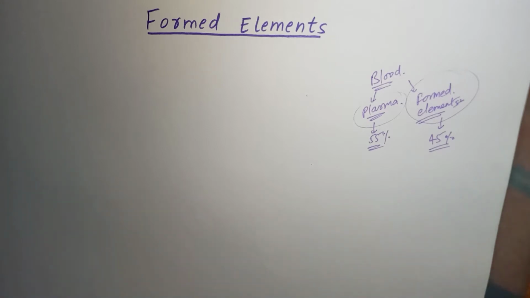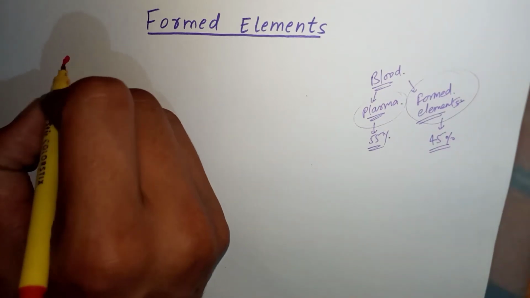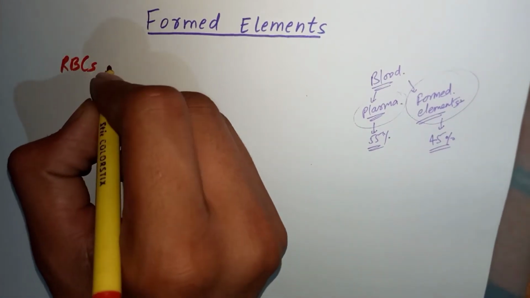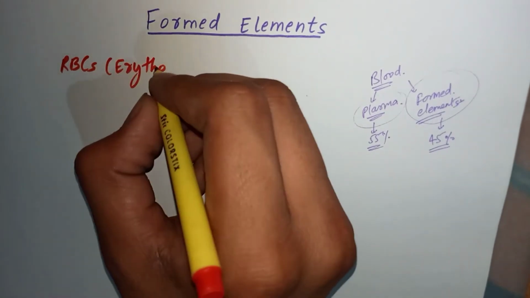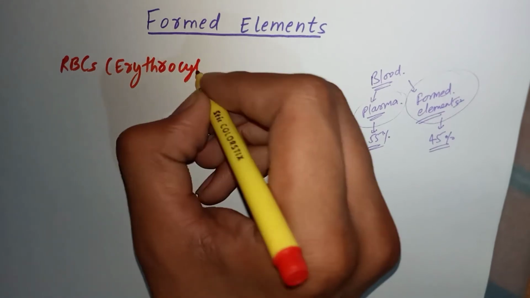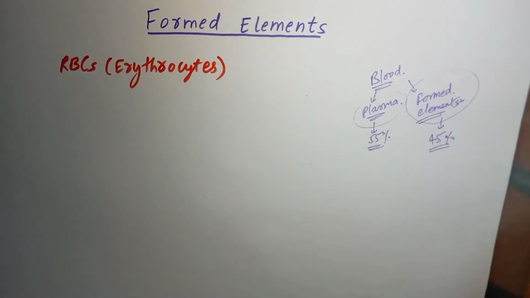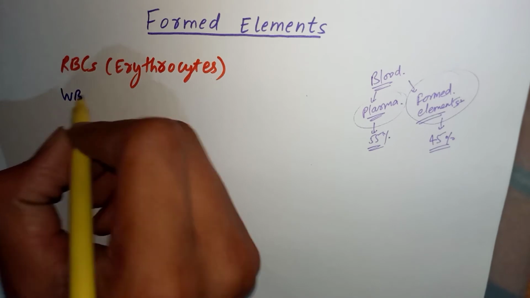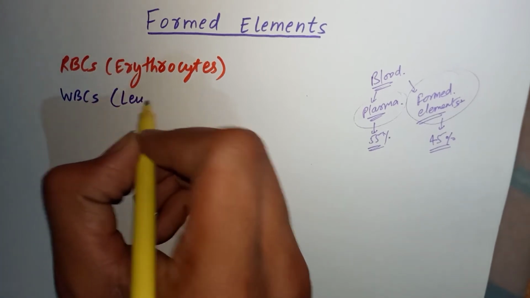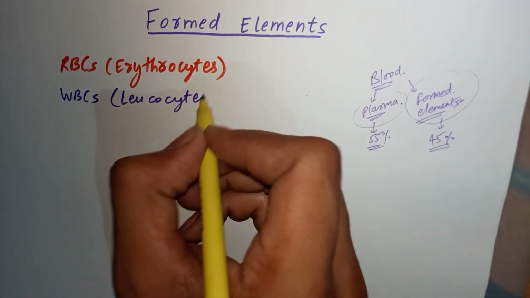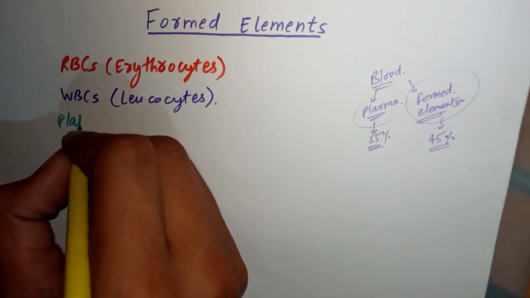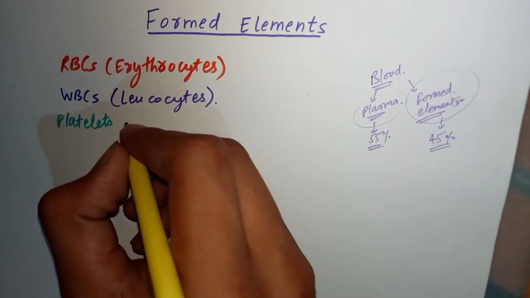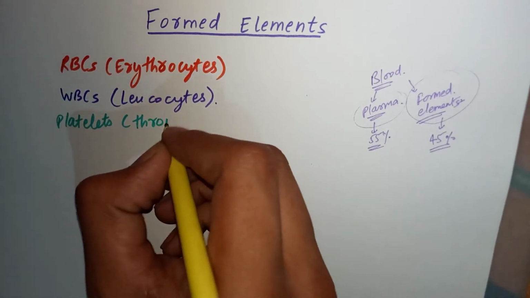So we know them as RBCs, which are also known as erythrocytes, WBCs or leukocytes, and the platelets or thrombocytes.